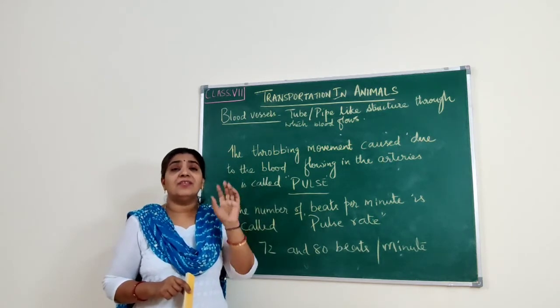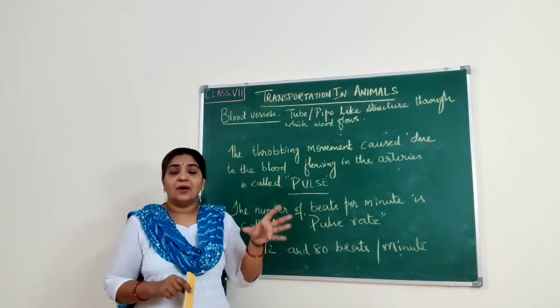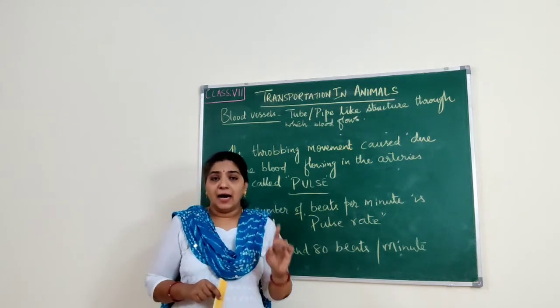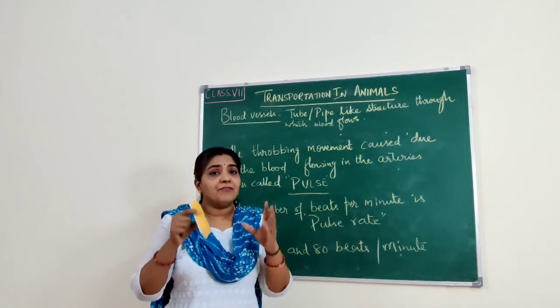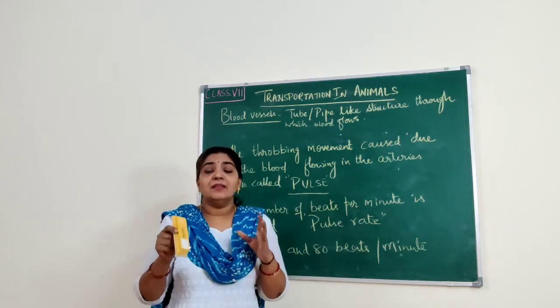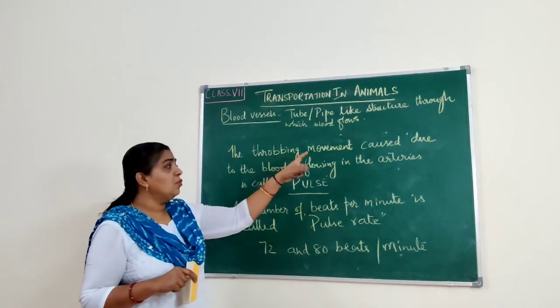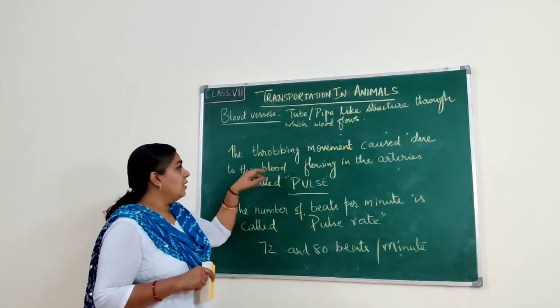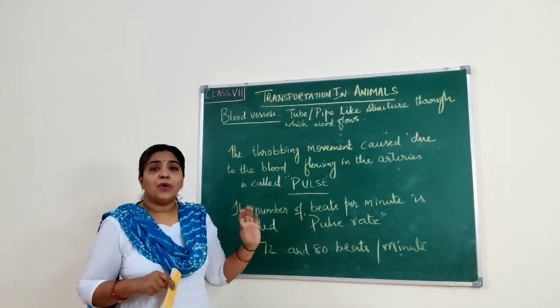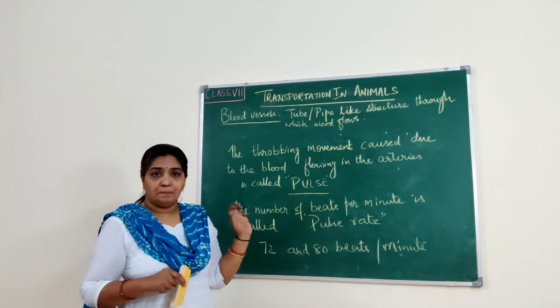Throbbing means the rhythmic movement. Due to the contraction and relaxation of the arteries, it causes a wave-like movement. This wave-like movement is called pulse. The throbbing movement, the rhythmic movement caused due to the blood flowing in the arteries is called pulse.